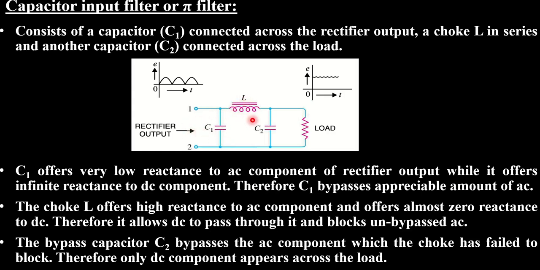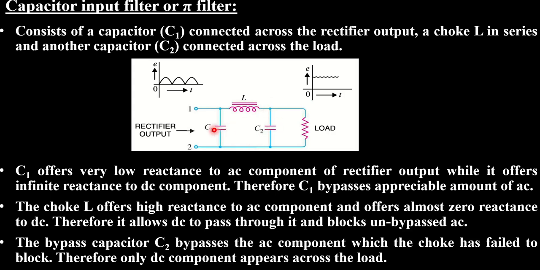So now the remaining AC is blocked by the inductor, and at this node what appears is the DC component of the rectifier output and the AC component which failed to be blocked by the inductor, and also to be bypassed by the capacitor C1. So very little AC will reach this node, and the AC component now will be bypassed by C2.